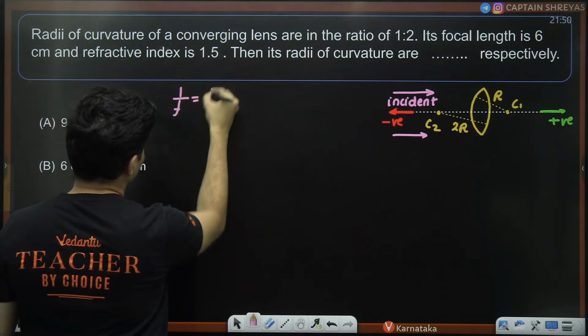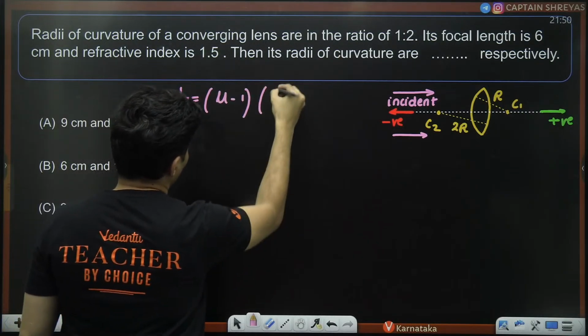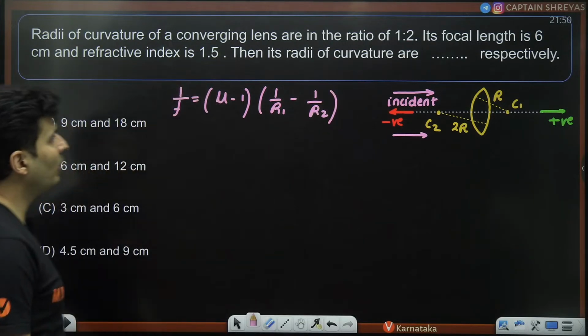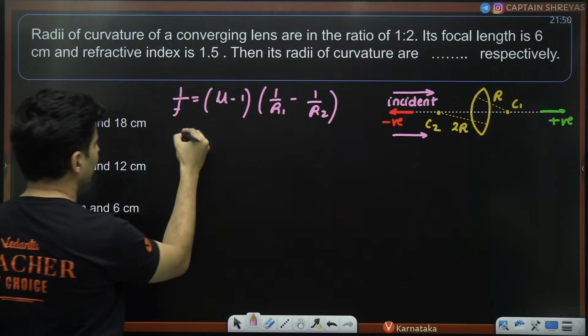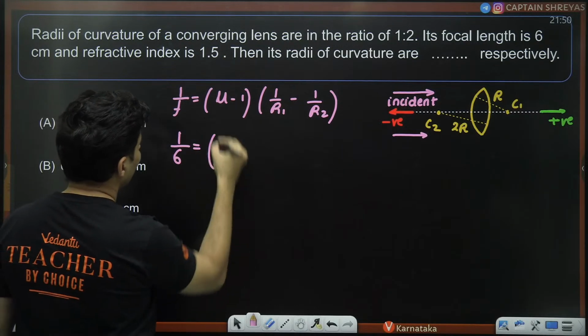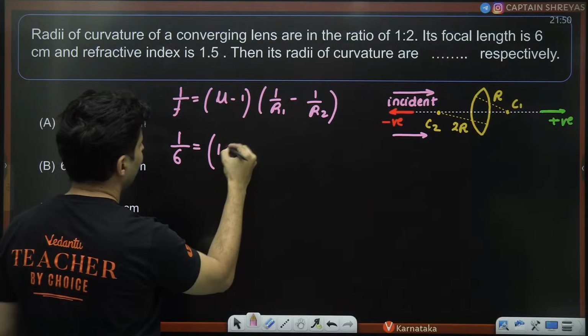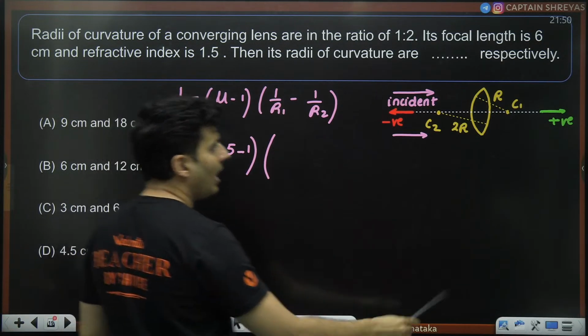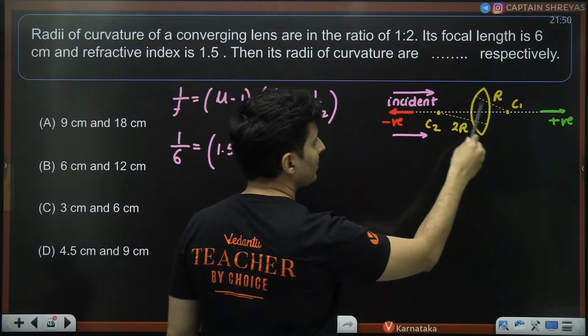1 by f is (mu minus 1) times (1 by R1 minus 1 by R2). What's the focal length? Focal length is already given to be 6 centimeters. So 1 by 6 is equal to, refractive index is already given to be 1.5 minus 1. What's the radius of curvature? R1. See, this is the center one, so this should be R1.